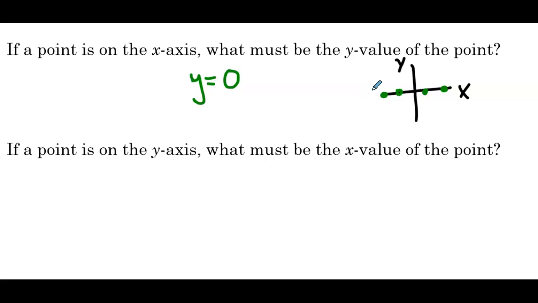Similarly, if I plot any point on the y-axis, its x value is going to be 0. Now we can use these two facts to figure out what the x and the y-intercept of a line is going to be, and then we can use those 2 points to graph the line.